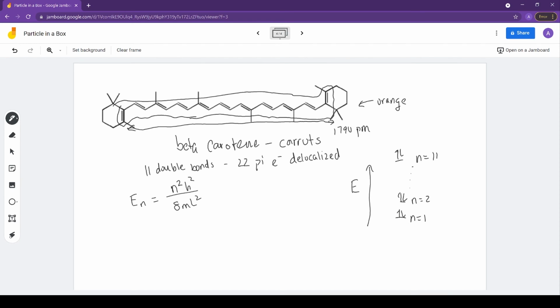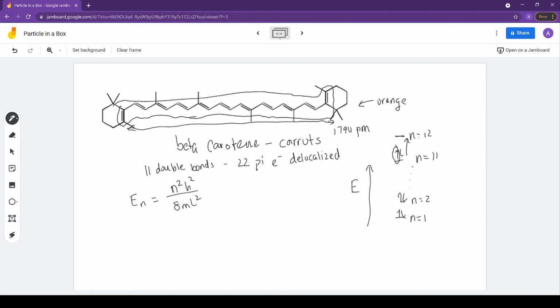So all of these orbitals are occupied up to n equals 11, and n equals 12 will not be occupied. What happens when light hits this molecule? It gives an electron in the n equals 11 orbital enough energy to jump up to the n equals 12 orbital.